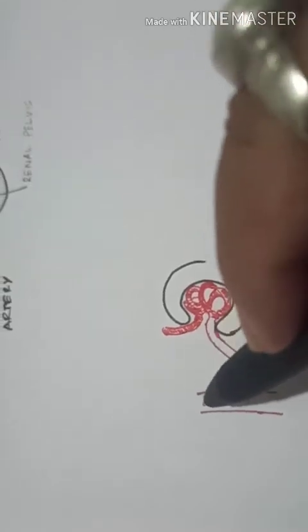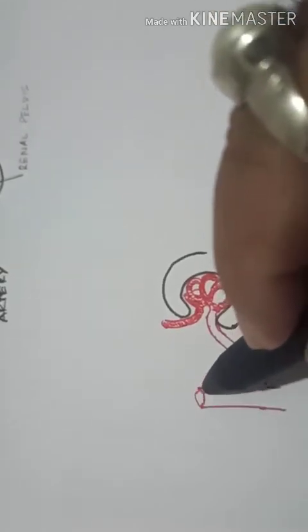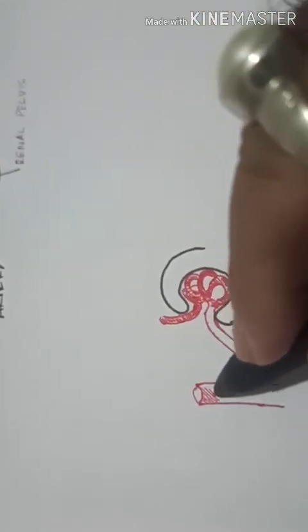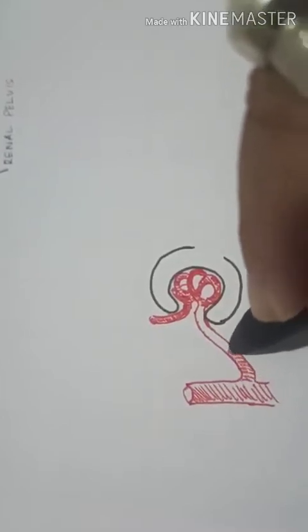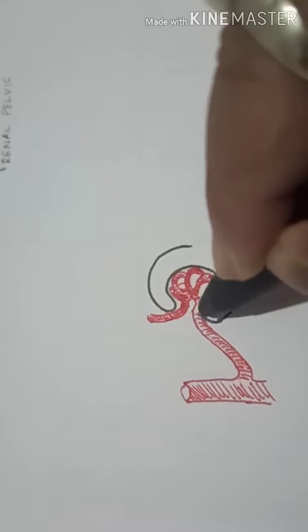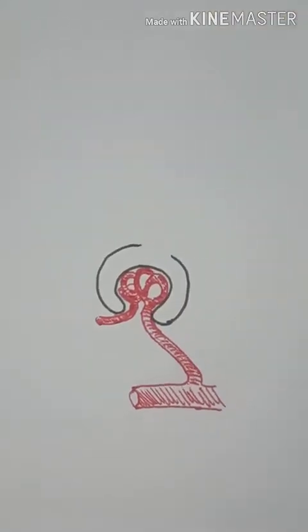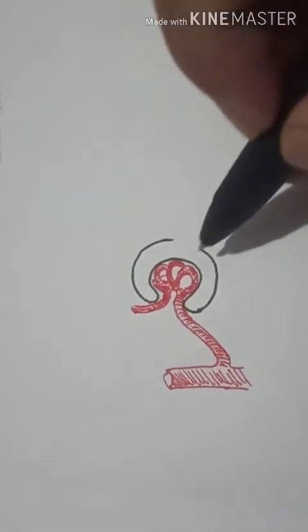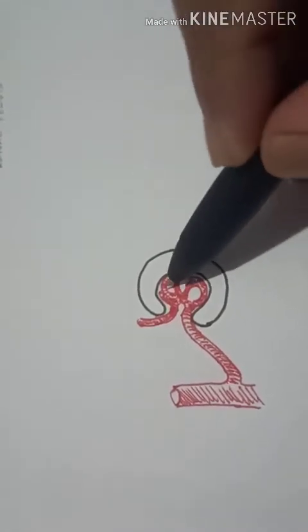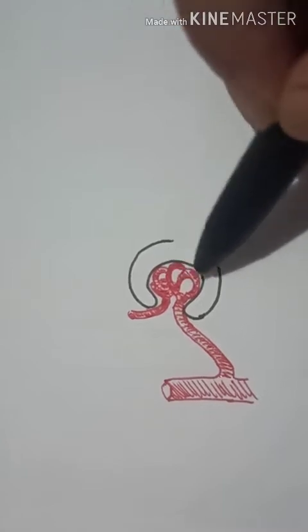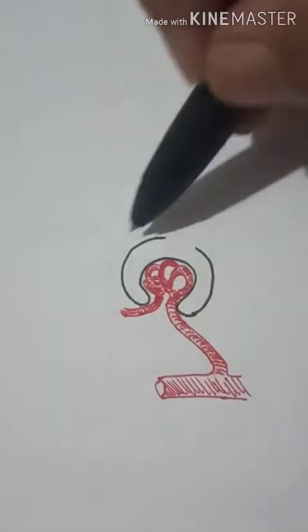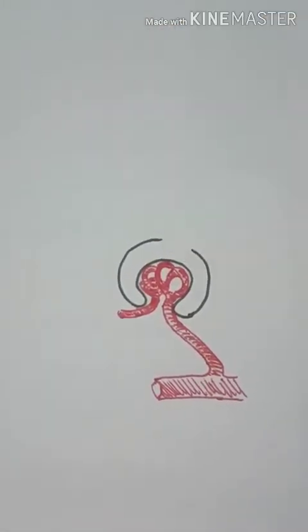Okay, so we have the renal artery through which the blood is coming inside with the help of the arteriole, and I'll label it later on. Then it will become this glomerulus, and the glomerulus will carry all the blood through this entire portion, and then this Bowman's capsule is going to capture it.